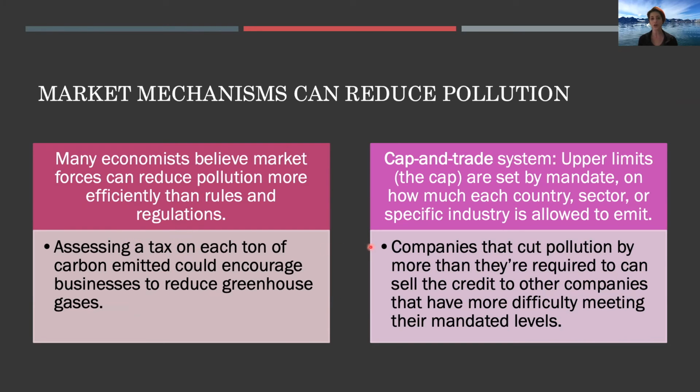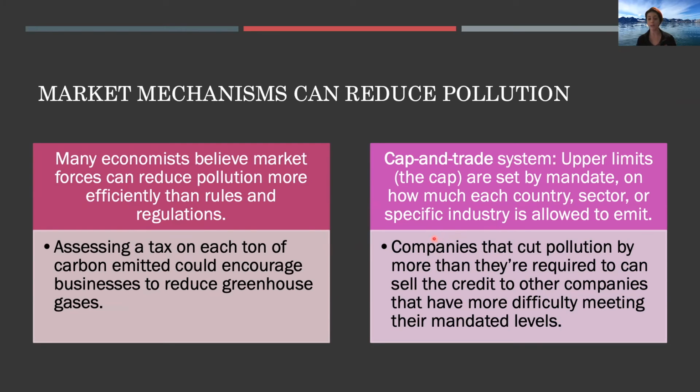Another approach is called a cap and trade system. This provides upper limits, or a cap, which is set by a mandate on greenhouse gas emissions. And that cap would be specific for each country, an industrial sector, or a specific industry.